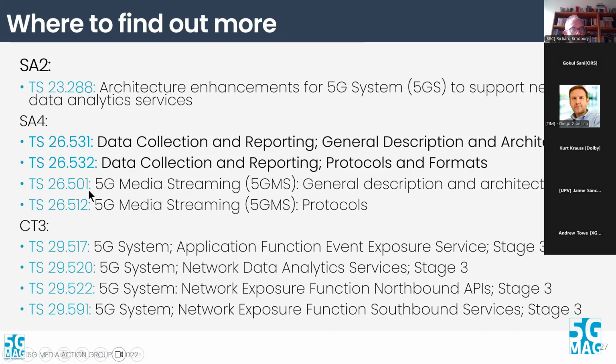We know that we've got 5G media streaming in 26.501 and 26.512, so that's where that gets instantiated. And then there's a whole load of lower level APIs and protocols that CT3 has defined, to expose these things downstream, to do the data analytics, and then the NEF exposure southbound and northbound as well, that get added in. So that's a quick summary.